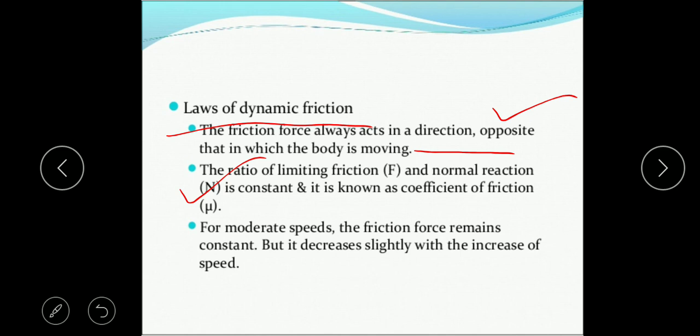And for moderate speed the friction force remains constant, but with the increase in speed the friction slightly decreases. This is the important thing here. Only the third is the new point, otherwise the other two points are the same as the laws of static friction.